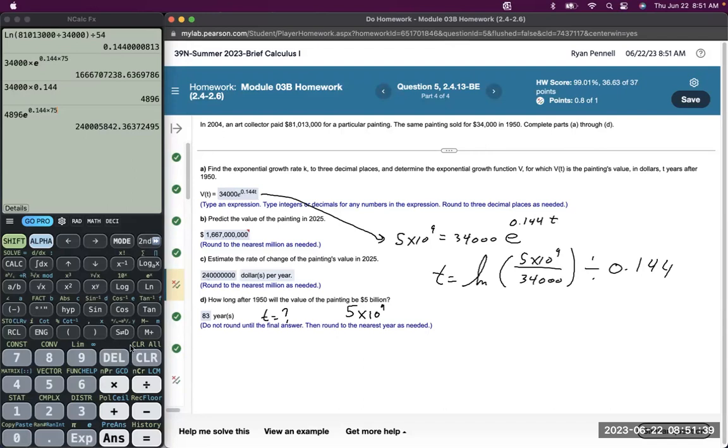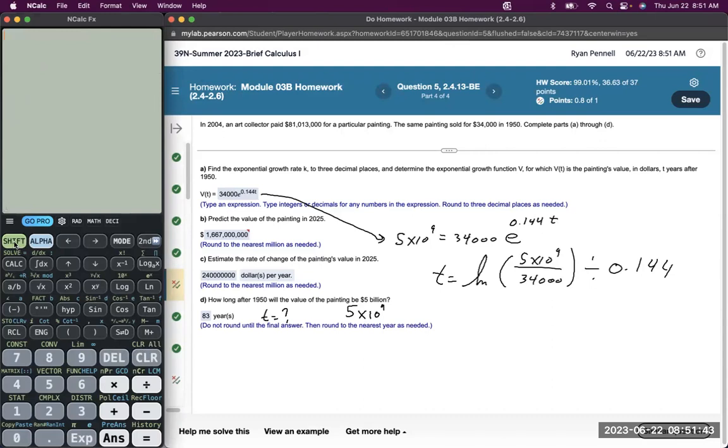All right, so now I have to do that. Natural log, calculator. There you go. Okay, 5 billion, or you could just write 5 times 10 to the 9th. That should work. Divided by 34,000.